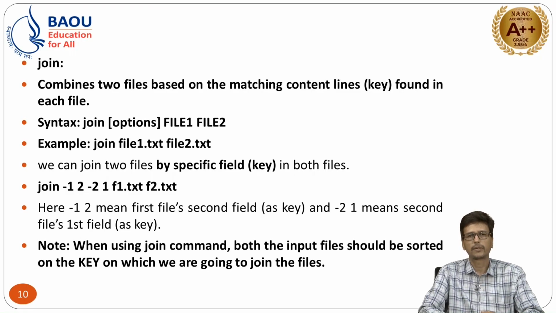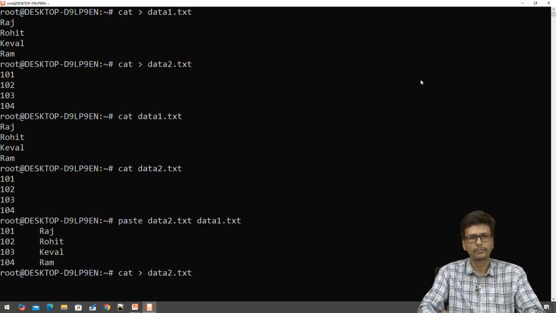Then -2 and 1 represent the second file and its first field as the key. So 1 2 means the first file's second field is considered the key, and 2 1 means the second file's first field is the key. We can apply this on our example.